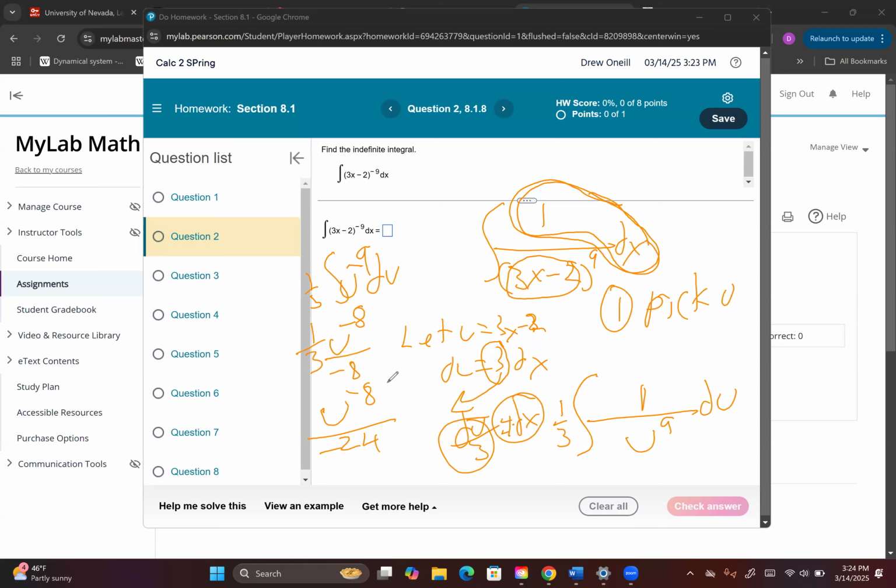And then you plug back in for u. Our u was 3x minus 2. So the answer would be 3x minus 2 to the negative 8 over negative 24, which looks terrible, but that's that. We could also write it as negative 1/24 times 1 over 3x minus 2 to the 8th plus a constant. However you want to write it.